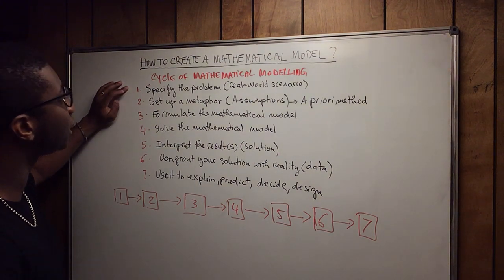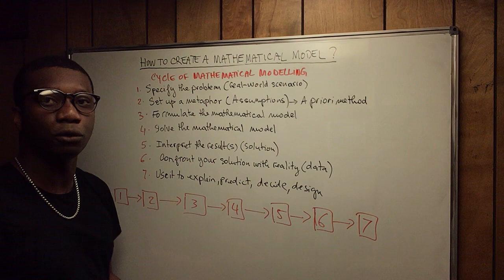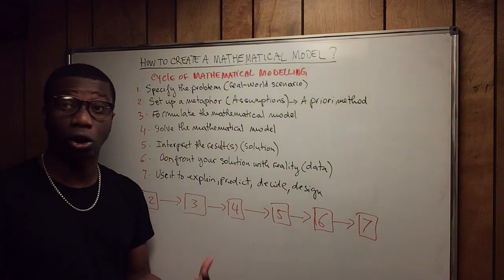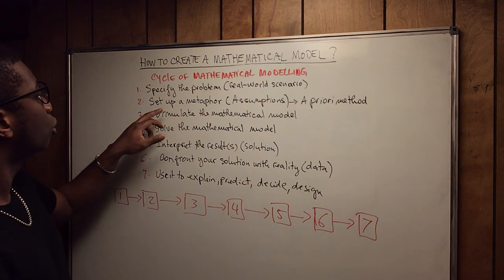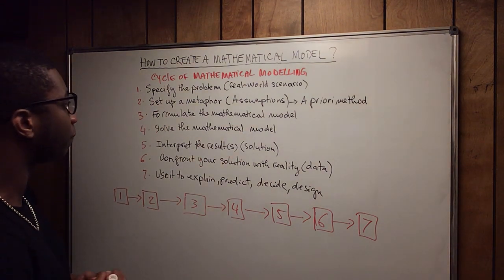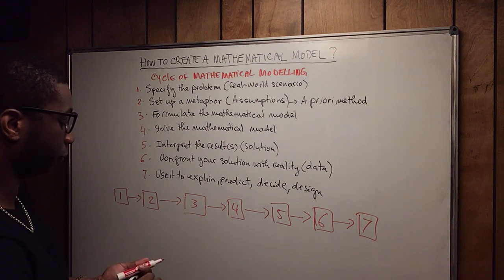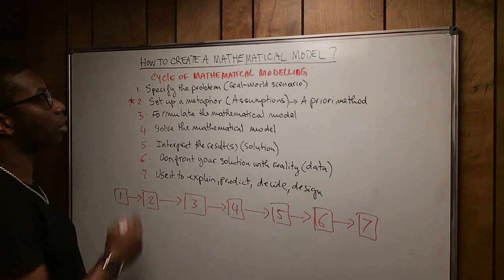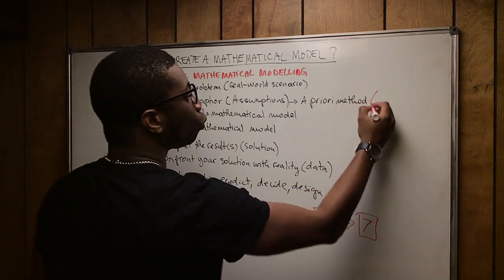So you first specify the problem, so you describe the real world scenario that you're trying to understand and solve. You set up a metaphor. The number 2 to me is the most crucial part. So I'm putting this star here. It is crucial.